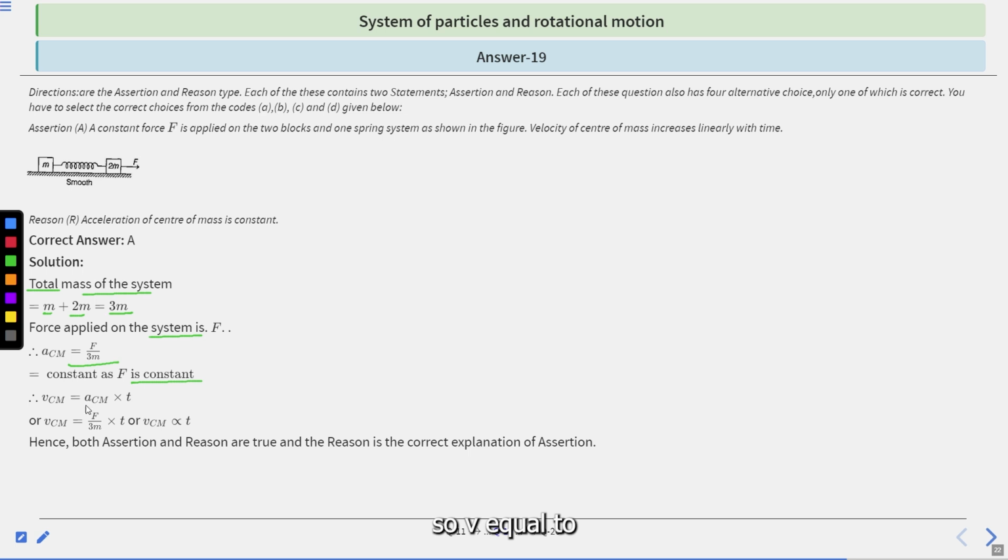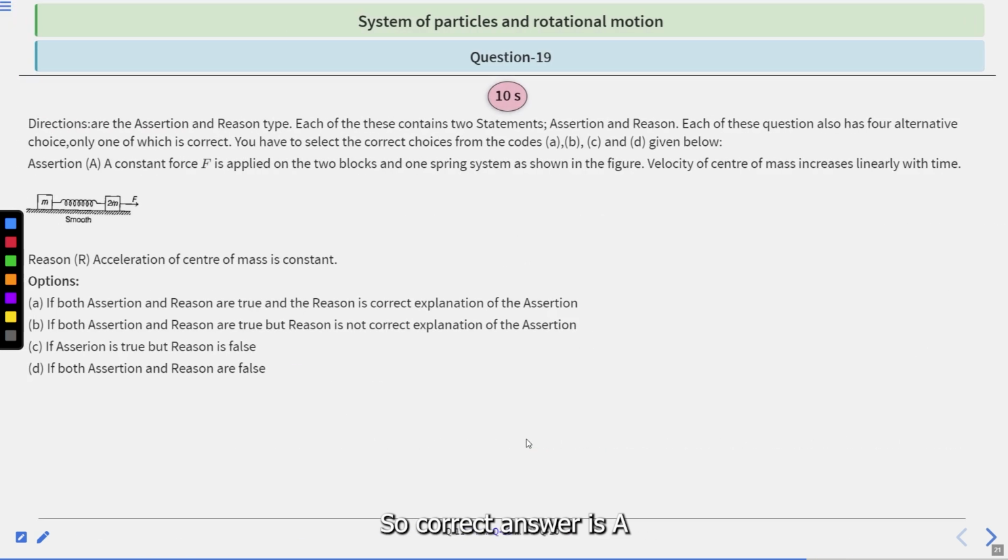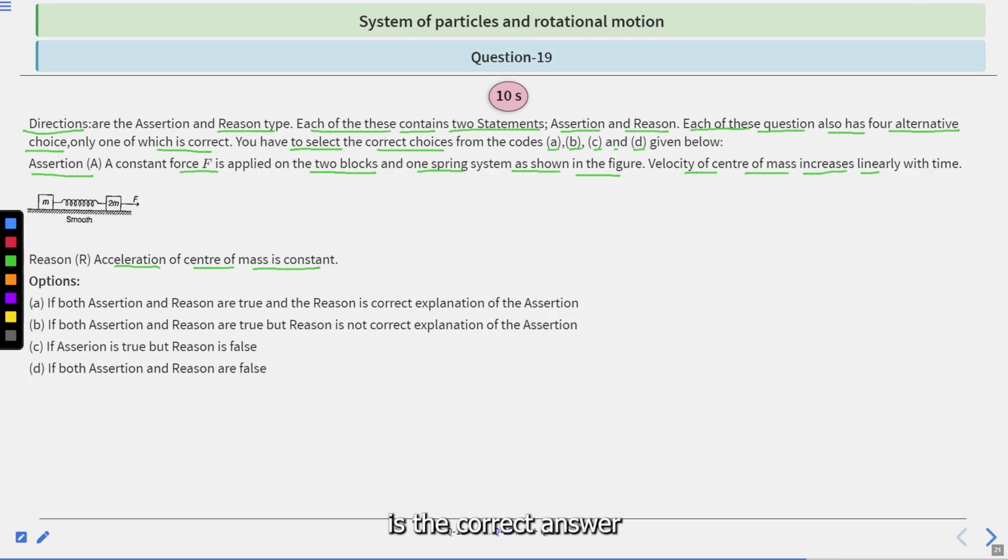So v equals a multiplied by t, or v equals F divided by 3m times t, and solving this you will get v is directly proportional to t. Hence both assertion and reason are true, and the reason is the correct explanation of the assertion. So the correct answer is A. Next question.